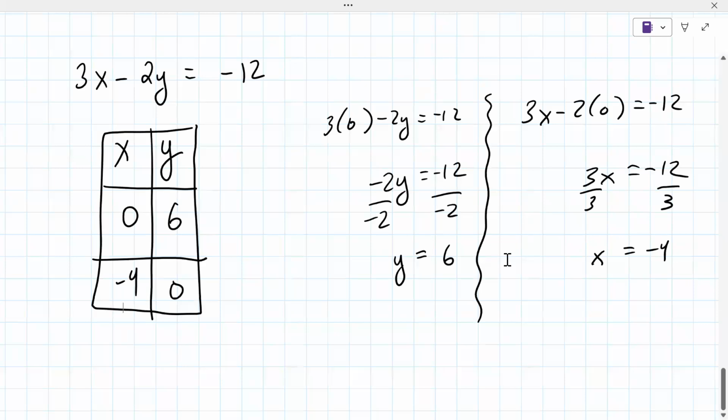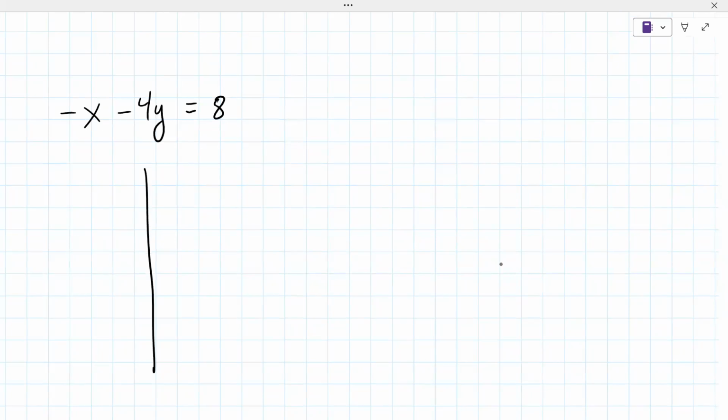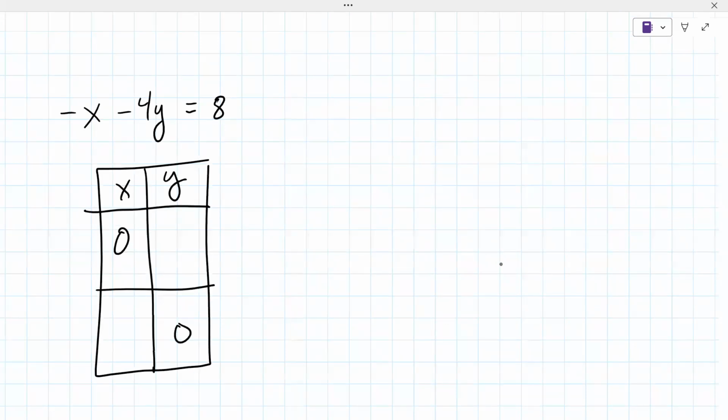All right. Let me give you another one to try here. Okay. So we'll do the same thing here. We'll build a little table, X, Y, 0, 0. All right. Go ahead and solve for the X and the Y intercepts, please.